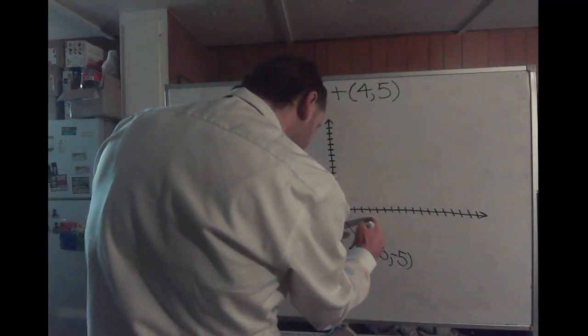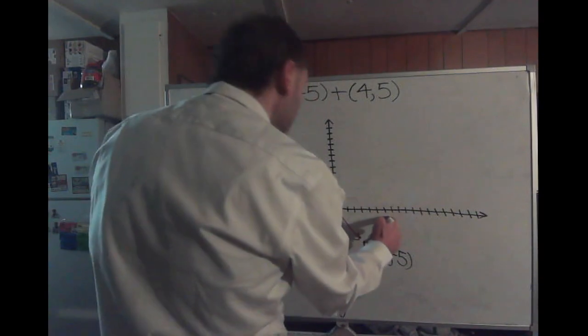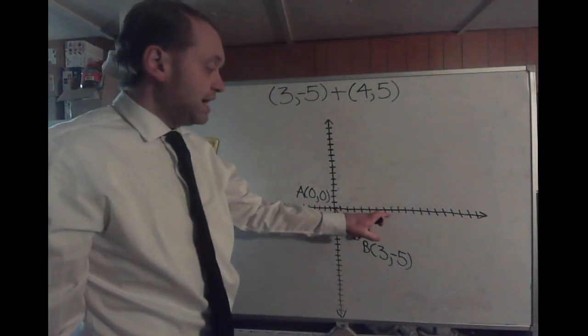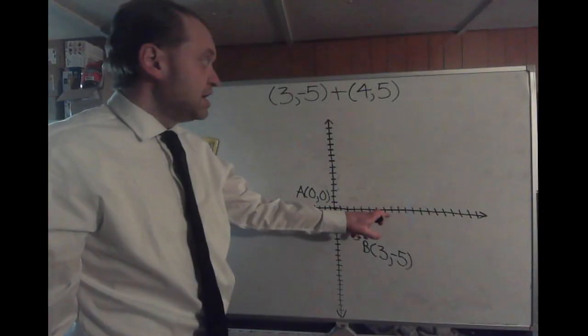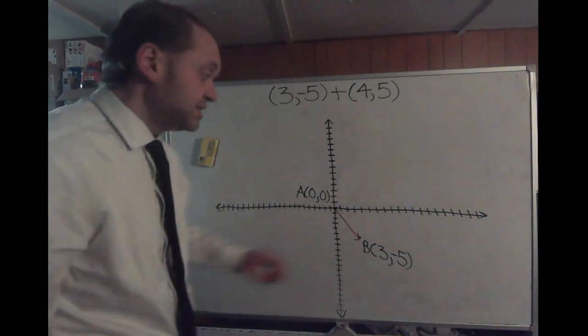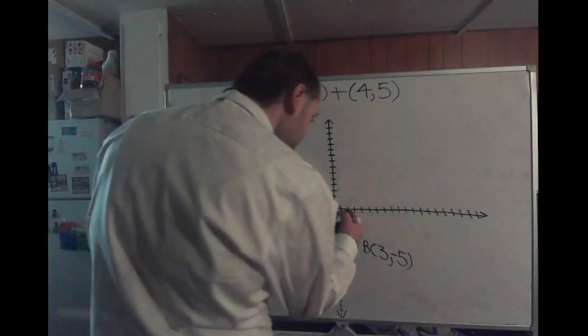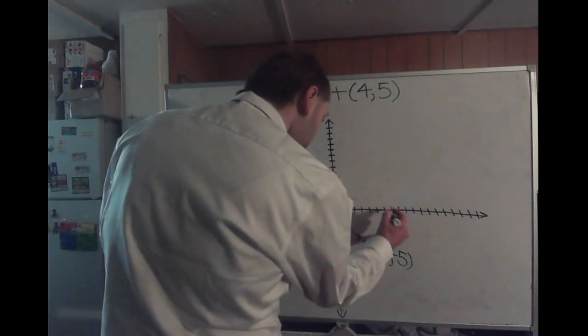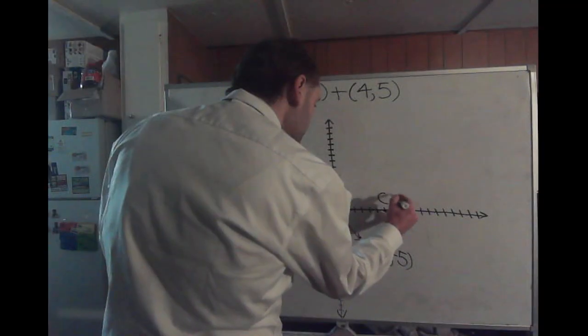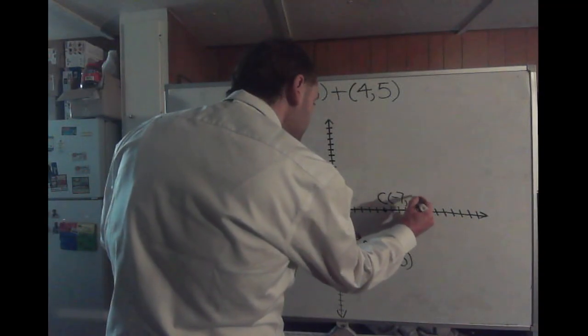So my X coordinate would be at 7. But then if I take negative 5 and go up 5 units, that would put me at 0 for where point C is. So point C would be at 7, 0.